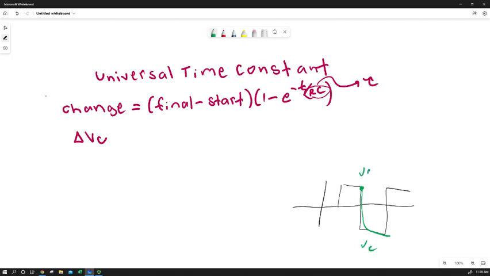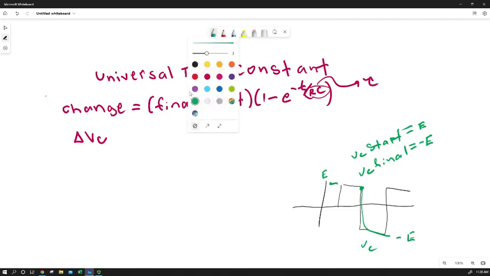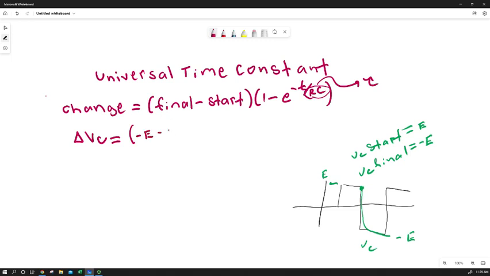So V sub C final equals negative E, and V sub C start equals positive E. Oh, this color. Okay, so final negative E minus E.